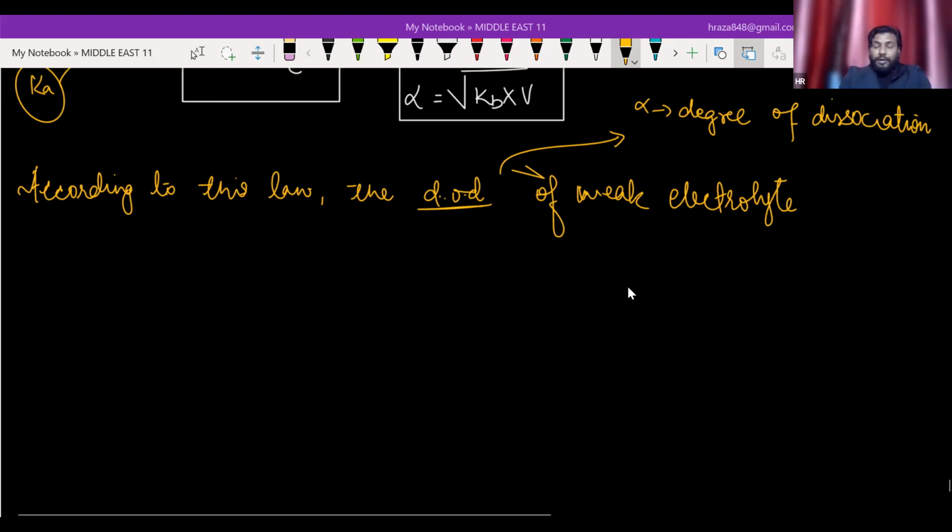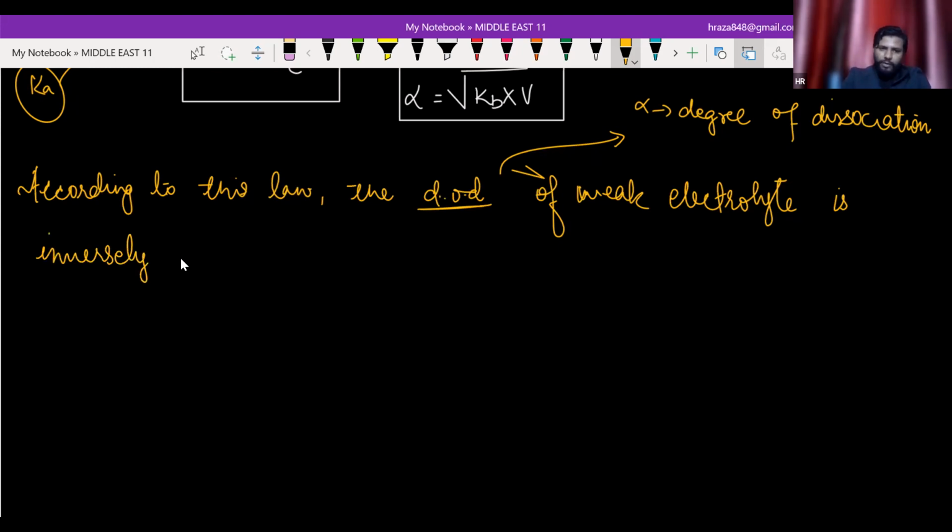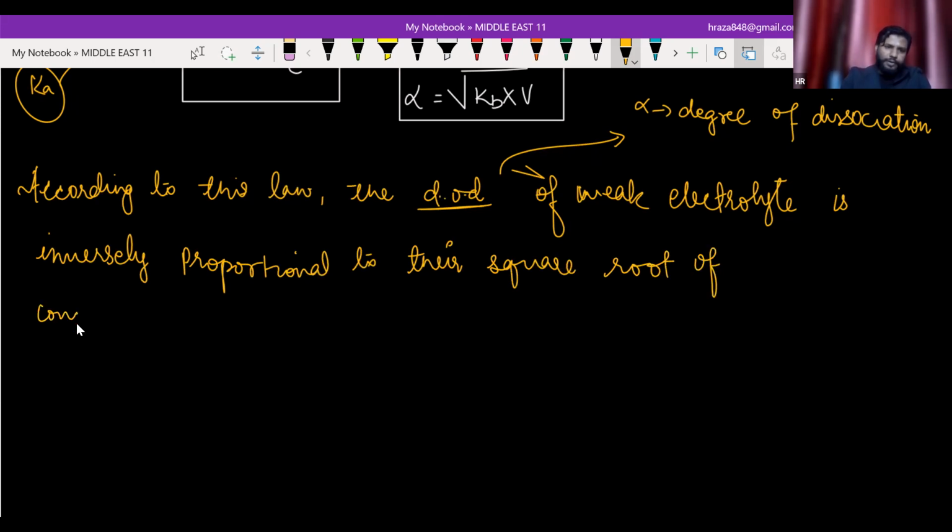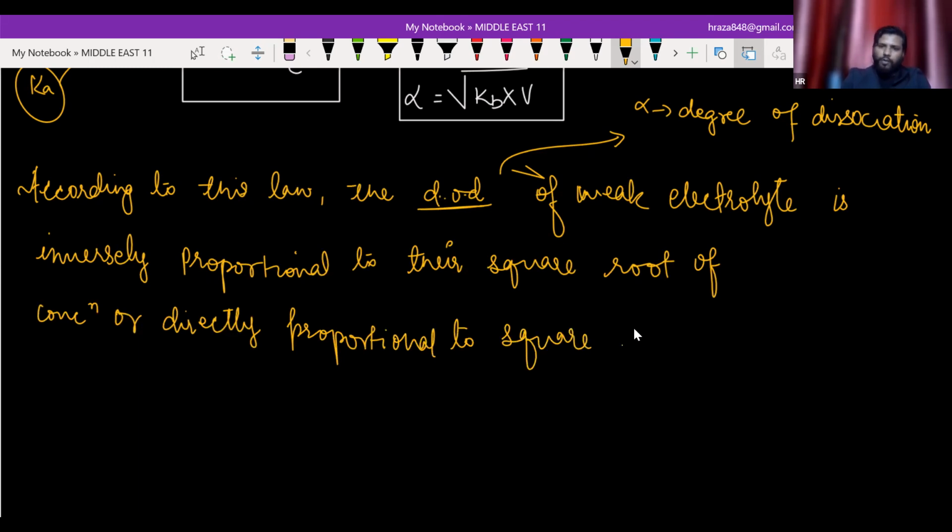So according to this law, the degree of dissociation of a weak electrolyte is inversely proportional to the square root of concentration, or directly proportional to the square root of dilution.